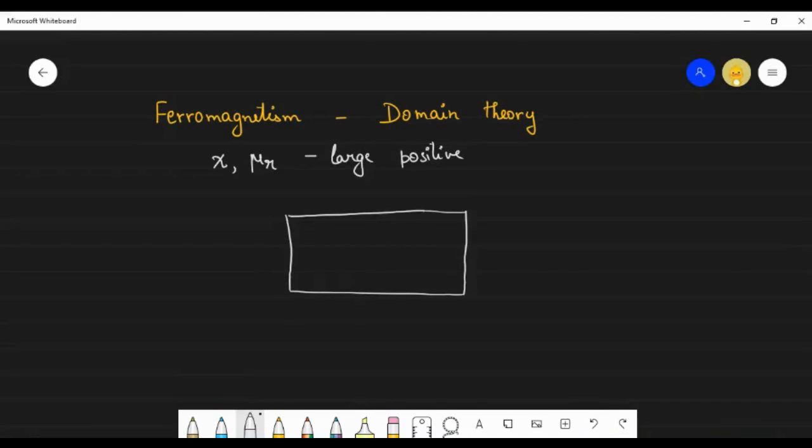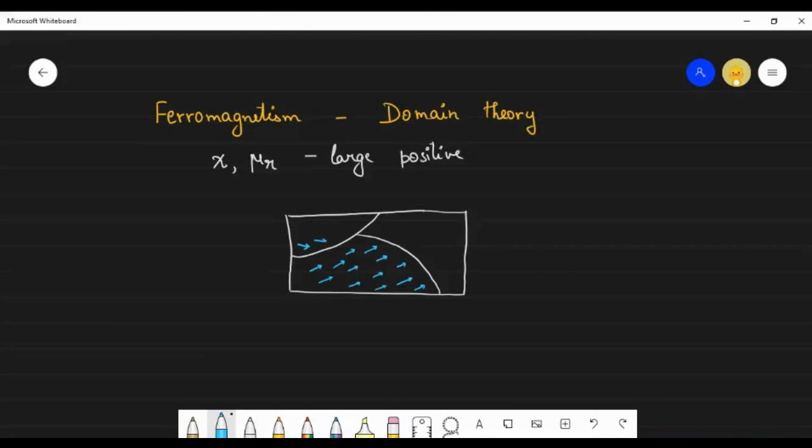Let us consider a sample as shown. Let us assume there are three regions within this sample, and the dipoles, that is the atomic dipoles within these regions, are such that they are aligned with each other.